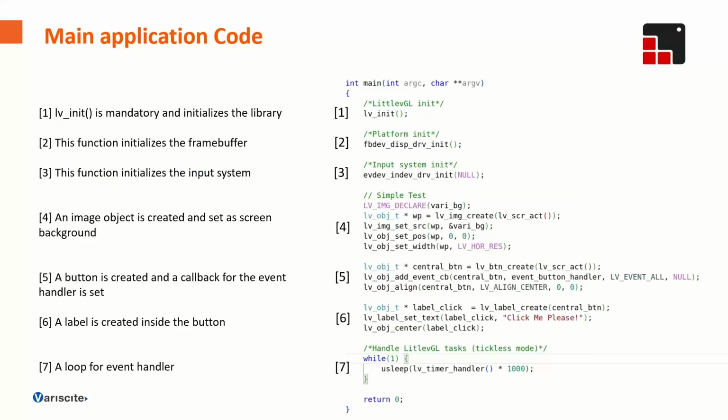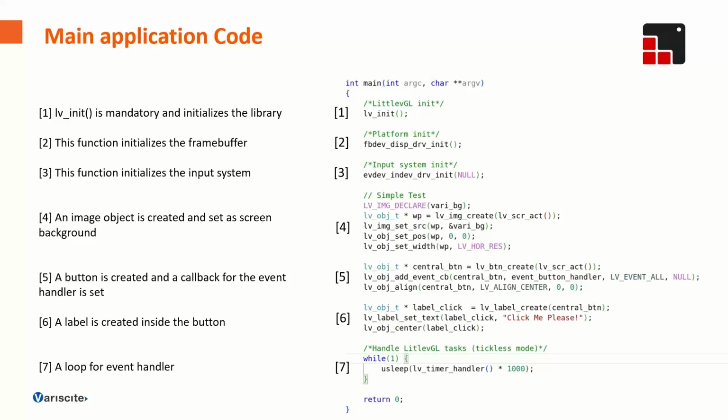This is the main. As I was saying, you will find the initialization of LVGL, the initialization of the framebuffer, and of the input devices, and then you will have the sample graphical interface that is sections 4, 5, and 6.